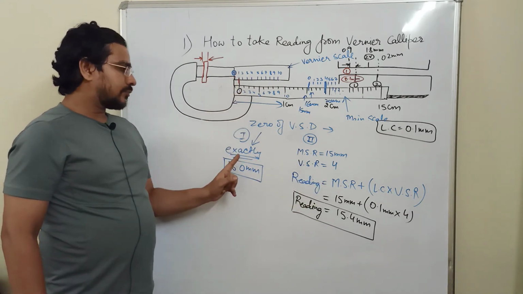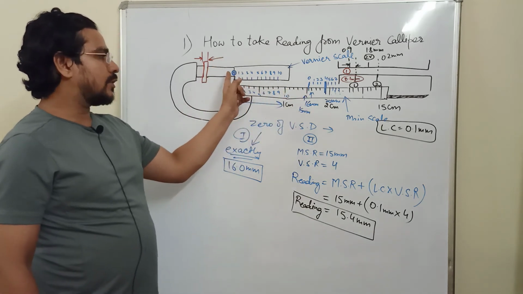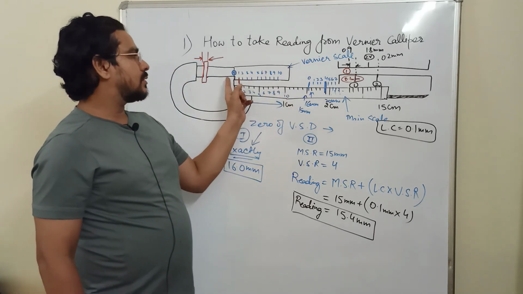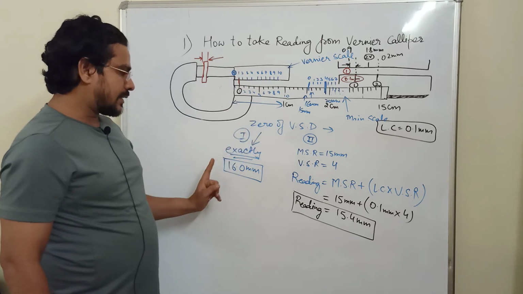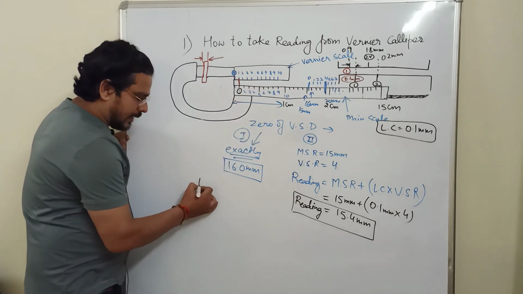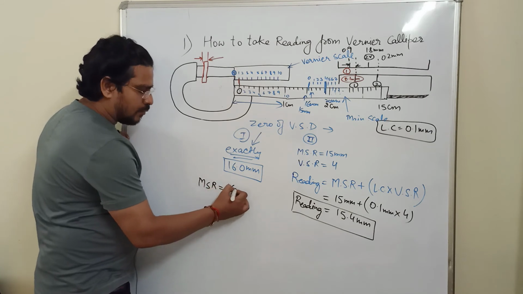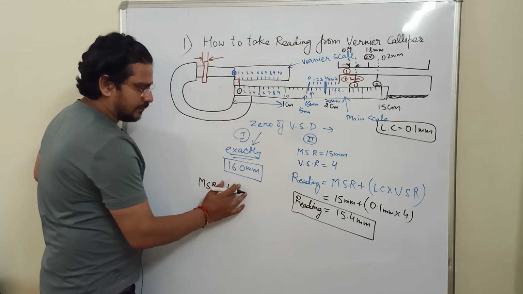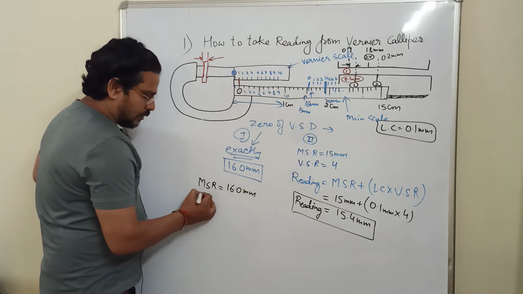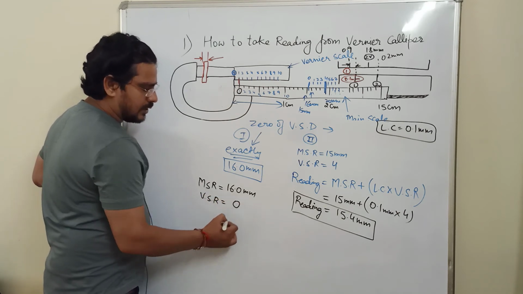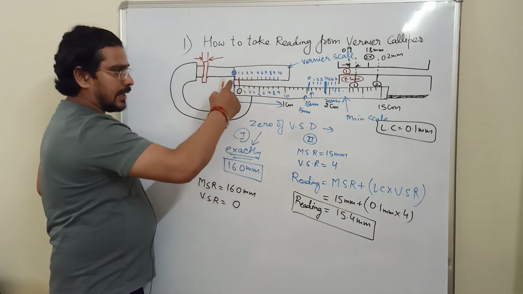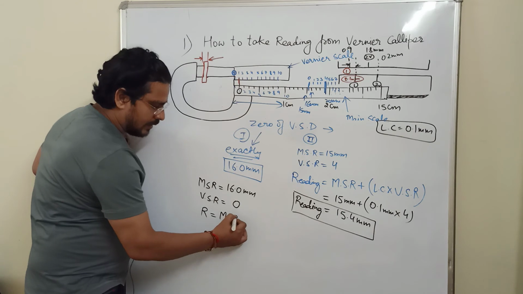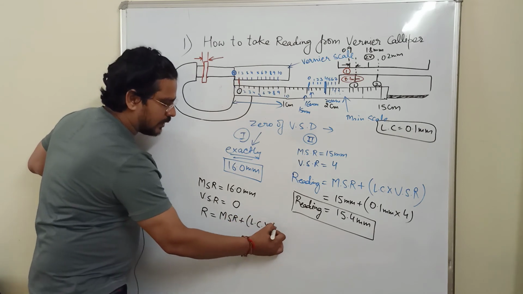When your vernier 0 is matching exactly with any of the mm, suppose the 0 of the vernier scale is matching exactly with the main scale 16 mm, then your main scale reading is going to be 16.0 mm, or you can say 16 mm sharp, and your vernier scale reading is going to be 0, because 0 of vernier is matching exactly with 16 mm. Your reading will be the same: main scale reading plus least count into vernier scale reading.